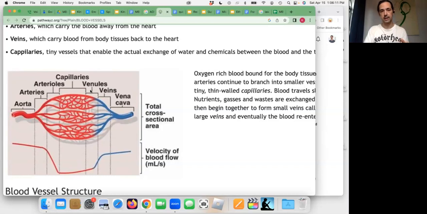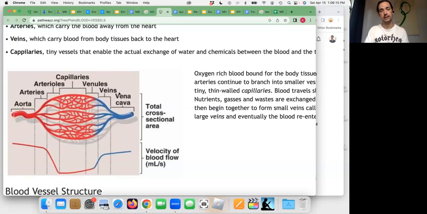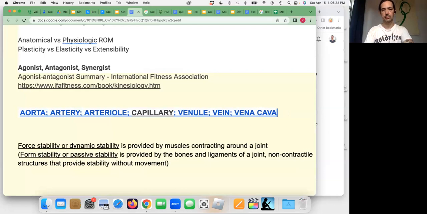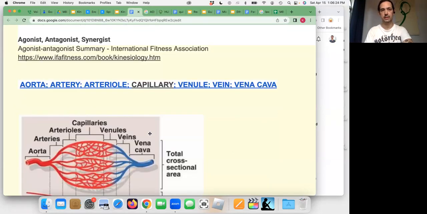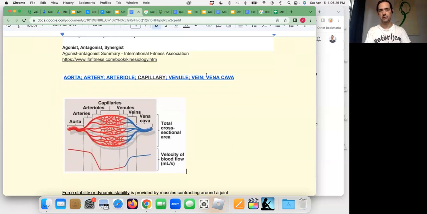Venules, the smallest after capillaries, start as venules, then they increase and they're called veins, and then they increase and they're called vena cava. It's not that complicated, but I found that the easiest way to memorize it is just going through this sequence: aorta, artery, arteriole, capillary, venule, vein, vena cava.